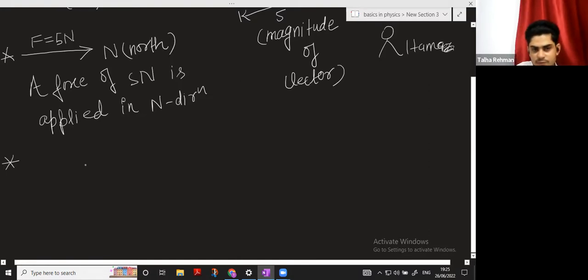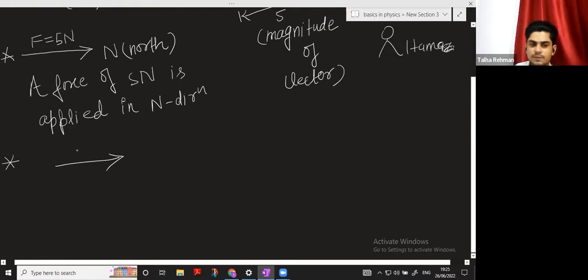Now you have understood how a vector can also be represented in this form, like this arrow and all that. Okay. So suppose this is an arrow.